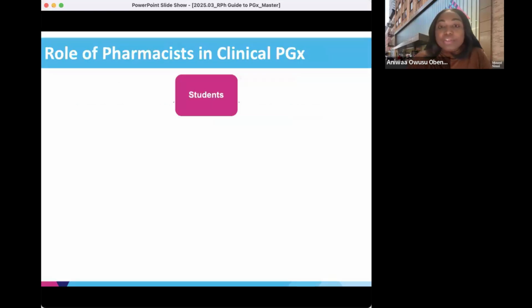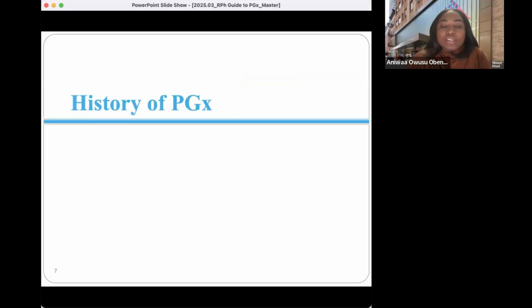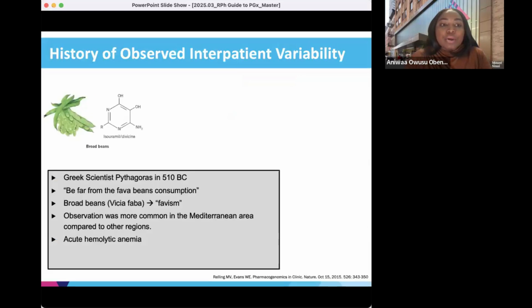So let's take some of these roles in detail. The first one here that I deduce from that statement is that as pharmacists, we are supposed to be students of this field. So how do we become students of this field? Well, why don't we start with a little bit of a history lesson here? So many years ago, in 510 BC, the Greek scientist Pythagoras observed something when it comes to fava beans.